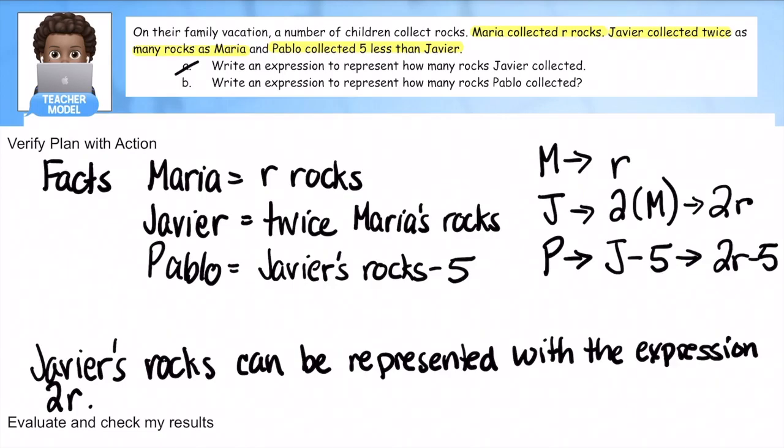So I hope that part makes sense. Math Marbles, we took this M for Maria and we substituted it by just putting in R. And that's how we got 2R. And we did the same thing for Javier. In this problem, we knew that Javier was the same thing as 2R. So we took out the J and we just put the 2R. So 2R minus 5. And there's our expression for Pablo.